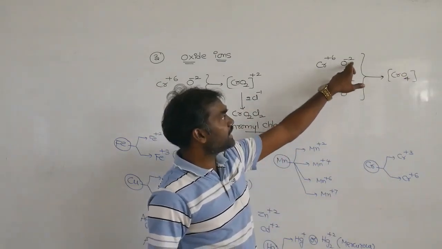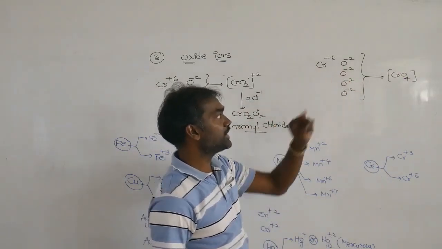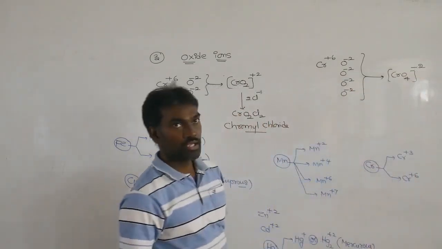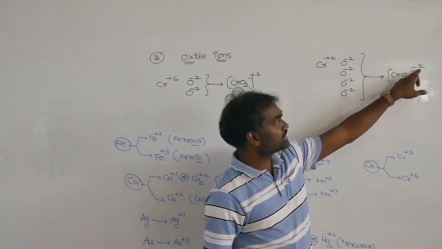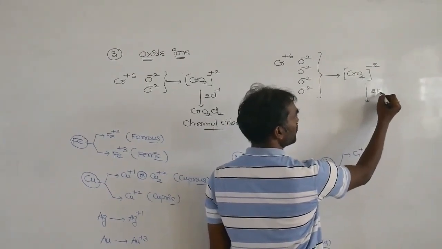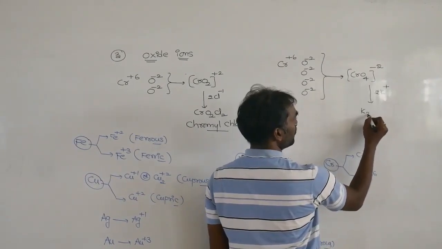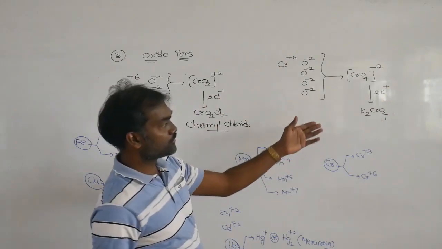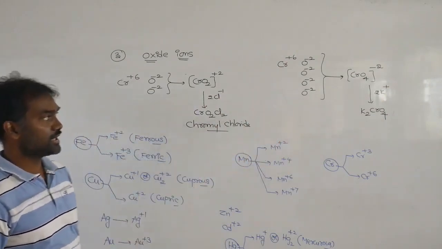See, 4 twos are 8. 6 only neutralized. Remaining 2 are there. So you write -2. See, here 2 negative charges are there. Positives you add. I am adding 2 potassiums. So the formula K2CrO4, potassium chromate. You are getting the compound.